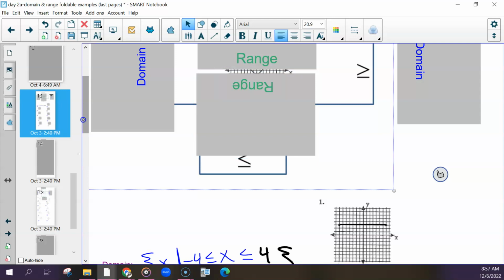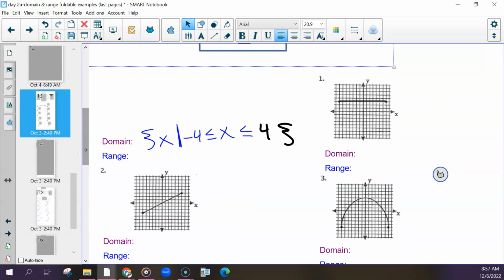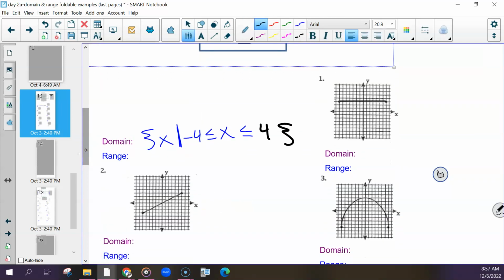So it'll look somewhat like this. How far down does this graph go? -1. So wherever you wrote your domain and range, we're going to start our range now.